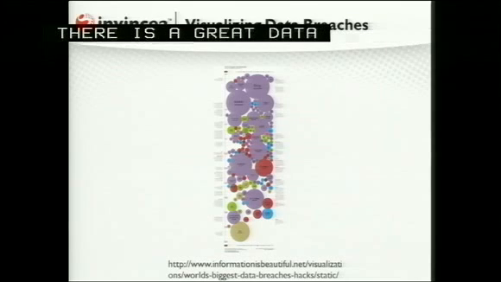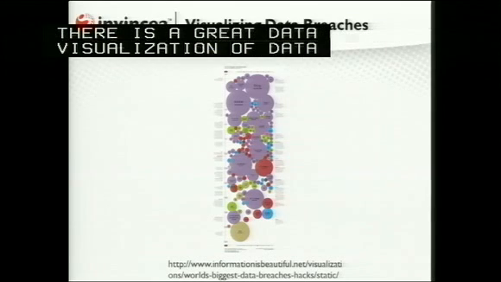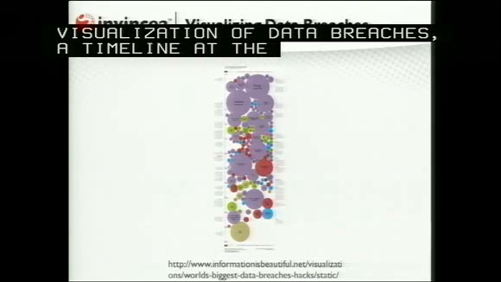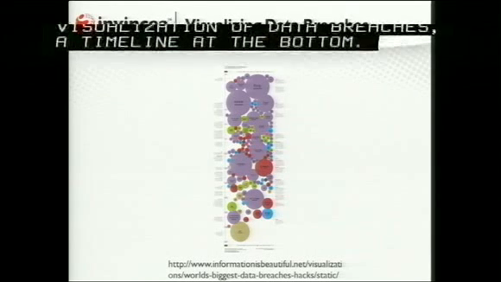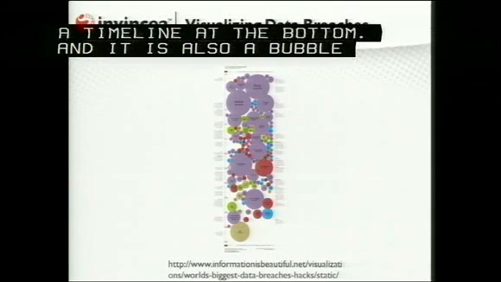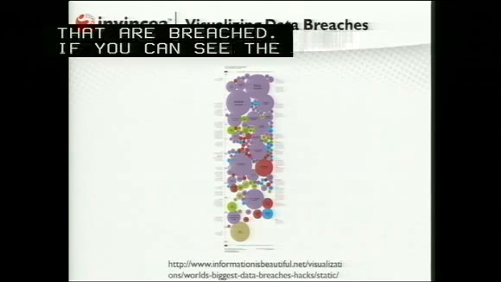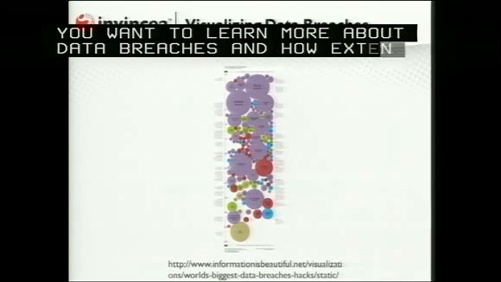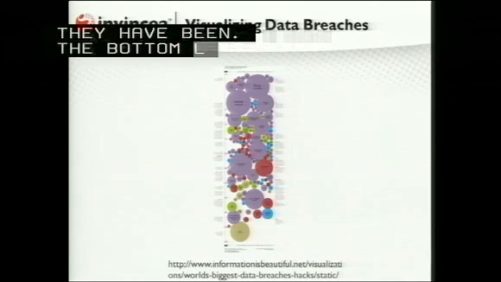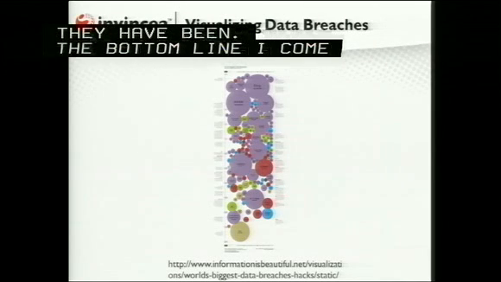It's a timeline at the bottom, and also a bubble chart based on the number of records that are breached. If you can see the URL, it's pretty neat to take a look at this if you want to learn more about data breaches and how extensive they've been. The bottom line I come away with is that all of our data has been breached multiple times.